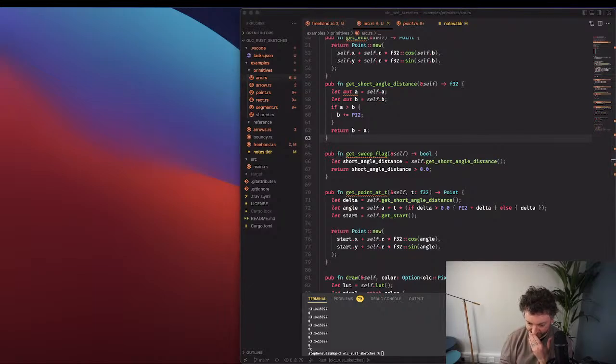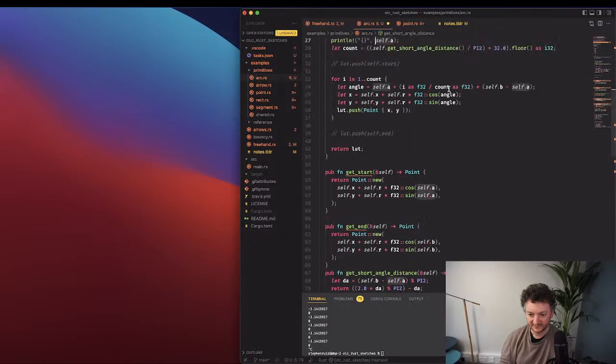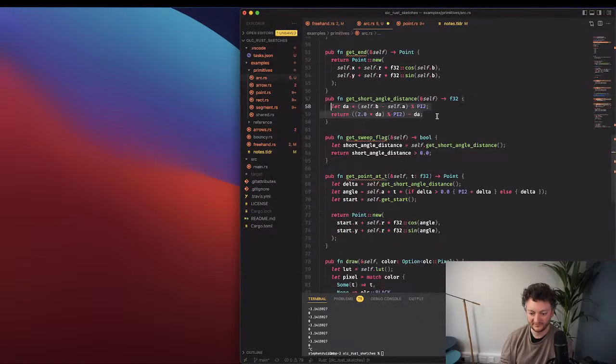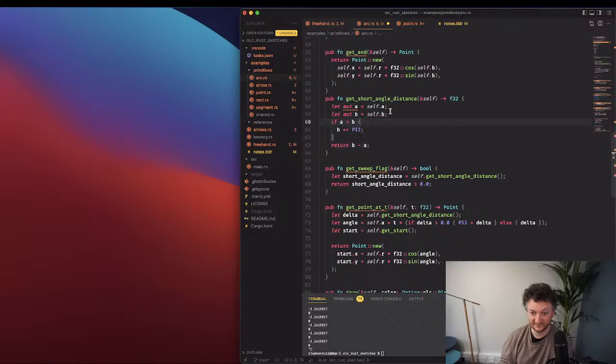The difference between the angles is different than the sweep flag, now that I think about it. What was it before? Self b a 2 times a. Maybe it's wrong in the source code as well.